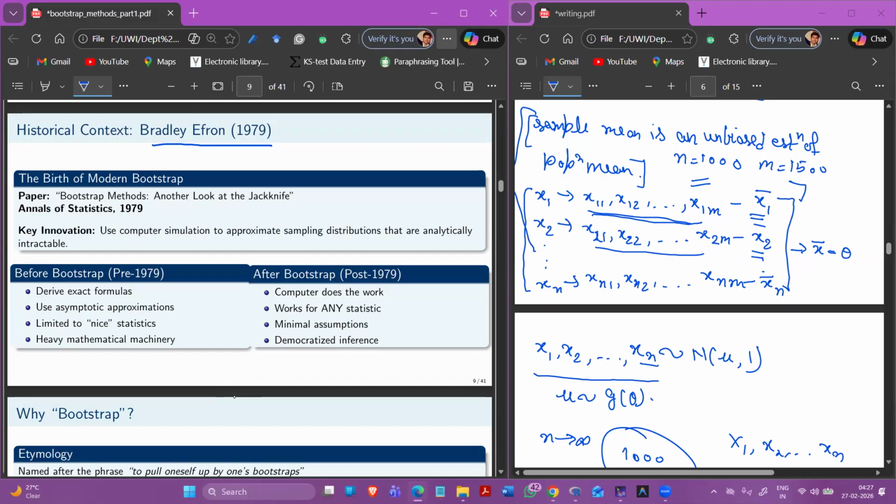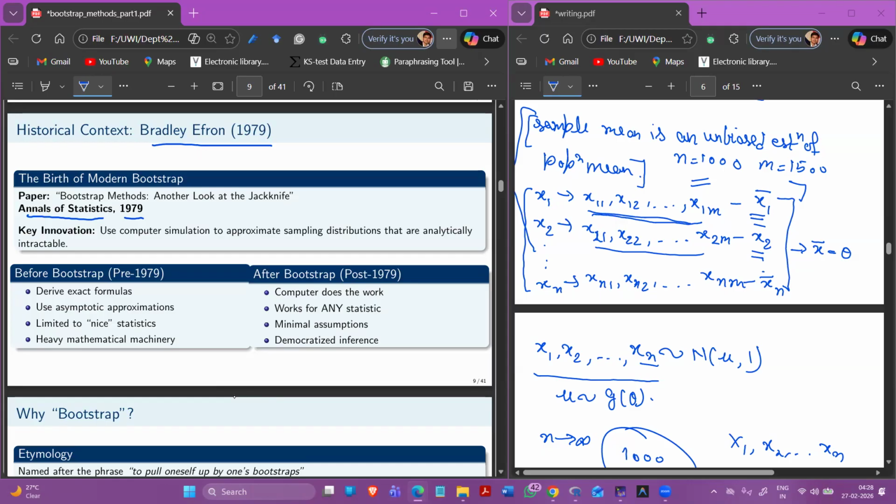It was developed in the research paper Bootstrap Methods: Another Look at the Jackknife, published in the Annals of Statistics in 1979. If you want to read this paper in detail, you can find it there.